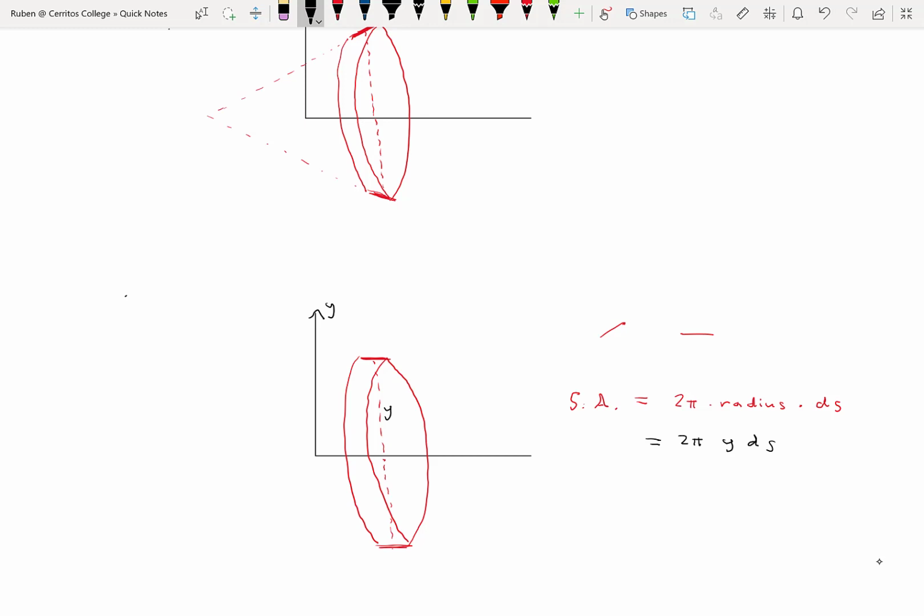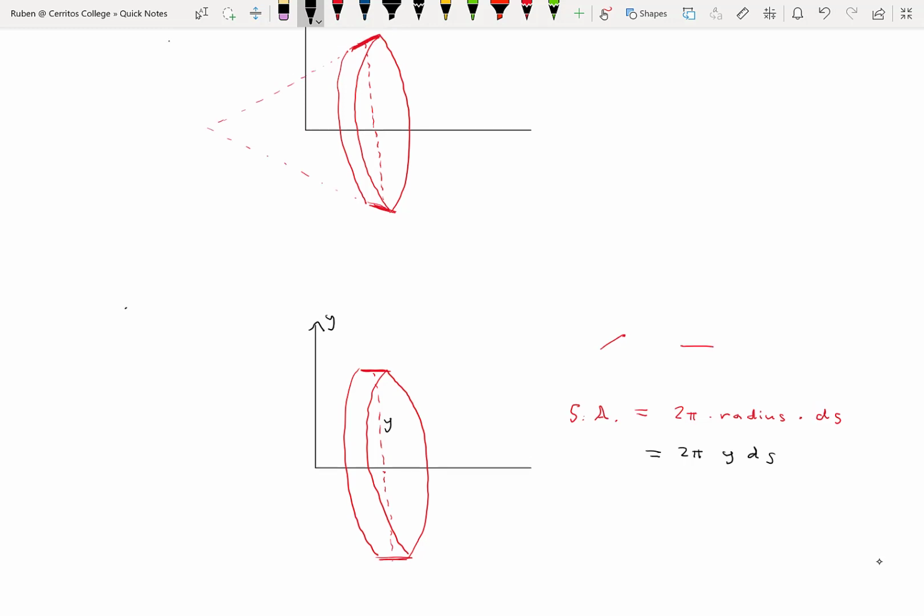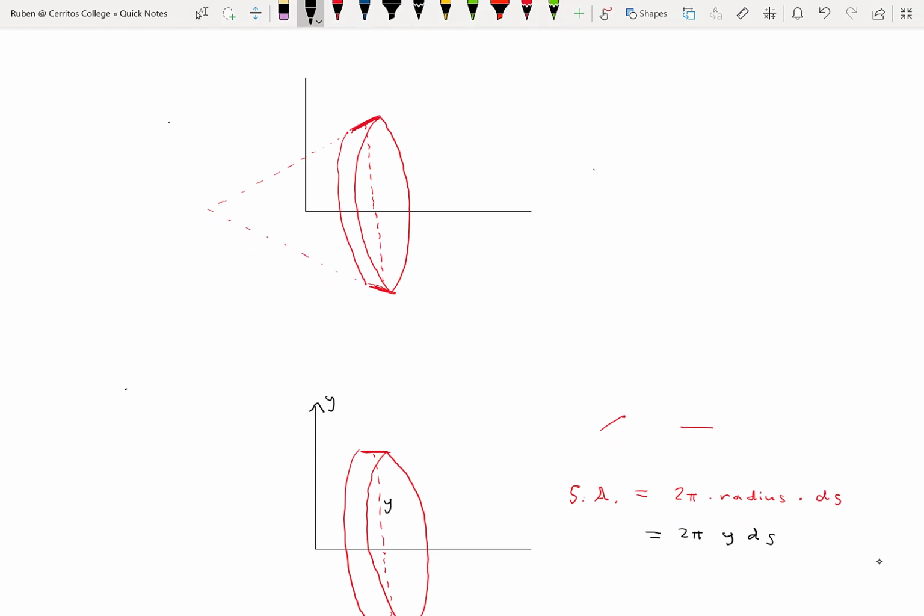And that surface area turns out to be the same. And again, this is from geometry. This is not a calculus argument that goes on in making this true. That surface area turns out to be the same as the surface area of a portion of a cone, 2 pi y ds, if I keep the same y and I keep the same ds.